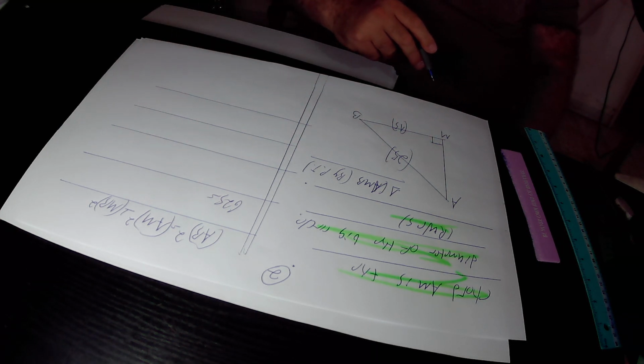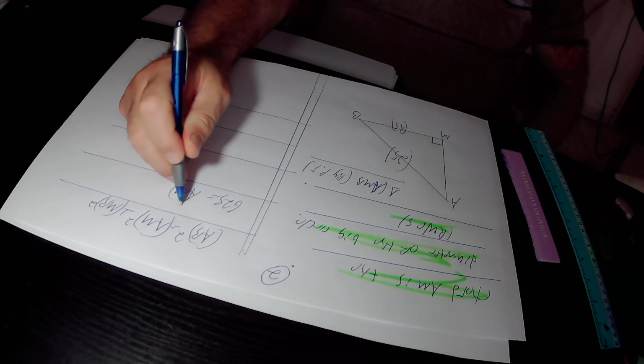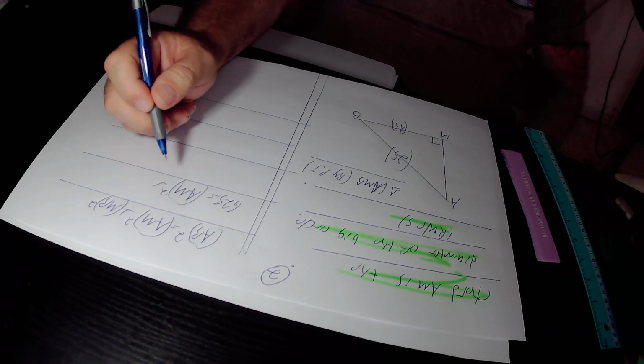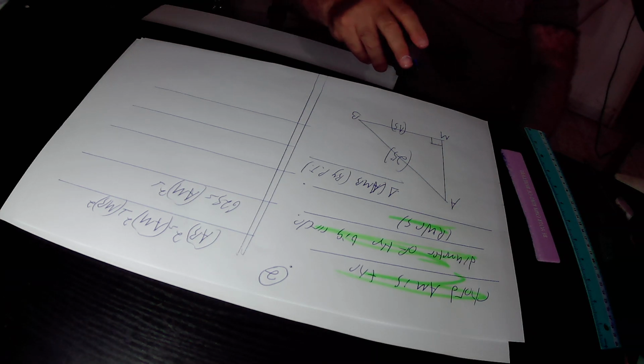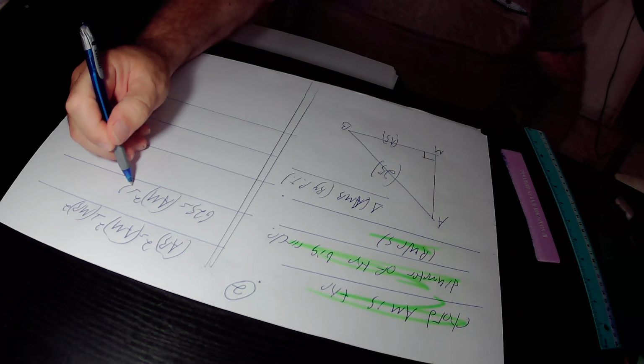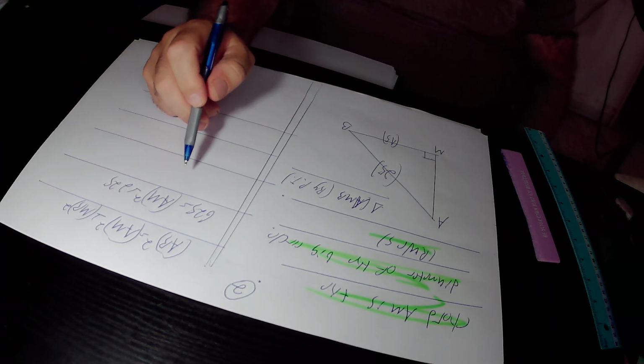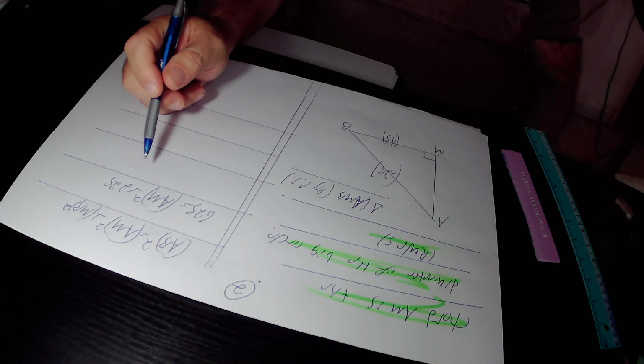AM is the missing side, so we leave it as it is. MB is 15, therefore MB squared is 15 squared, that is 225. So in total we found that 625 equals AM squared plus 225.